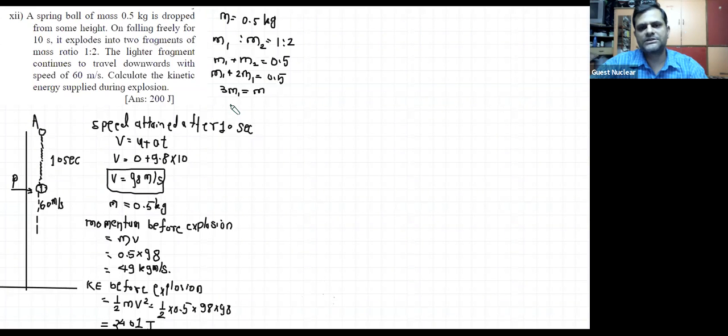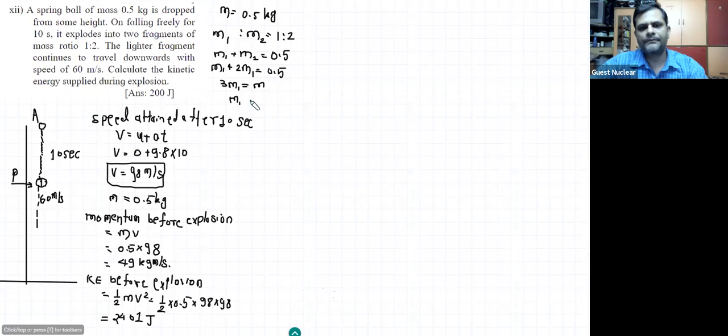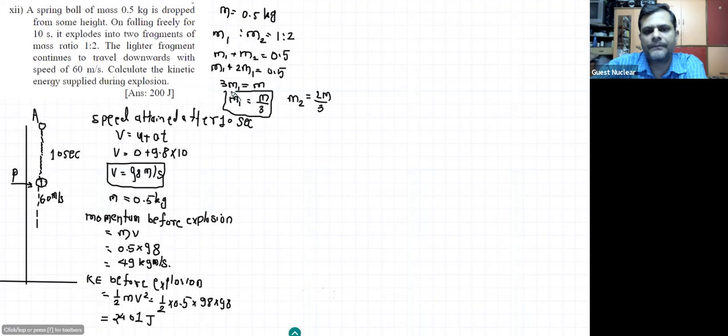So m1 is going to be m/3 here. And since m2 is equal to 2 times of m1, m2 is going to be 2 times of m/3, no doubt. So m1 and m2 have been obtained in terms of m, which is the total mass of the body before the explosion.